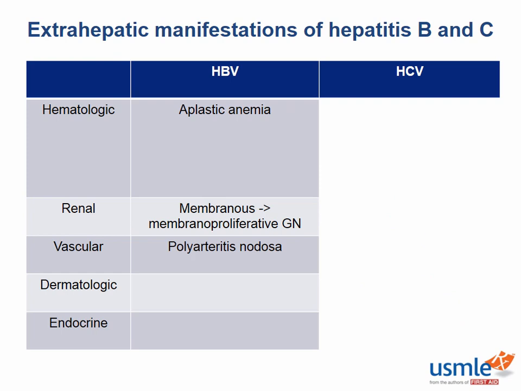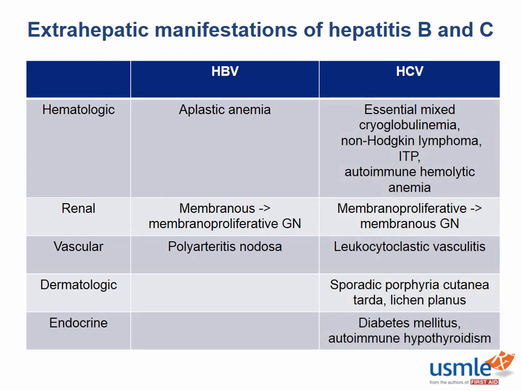Now, unfortunately, hepatitis C virus has a few more extrahepatic manifestations that we have to remember. Hepatitis C is a risk factor for several hematologic manifestations that I've listed here, including essential mixed cryoglobulinemia, non-Hodgkin lymphoma, immune thrombocytopenic purpura, and autoimmune hemolytic anemia.